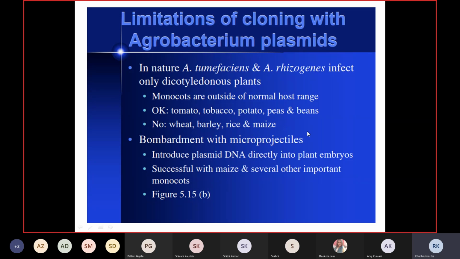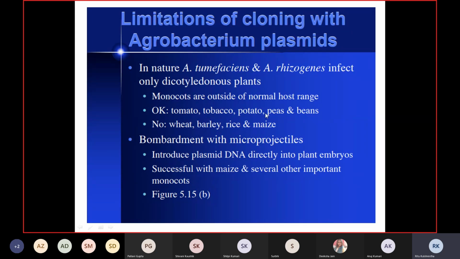At least I remember during the time when I was doing my PhD, in the late 1990s or 2000, the method that was used was particle bombardment. I will tell you the various methods which can be used for transfer of genes to the plant cells in my next class. But yes, this was a method that was generally used at that time.